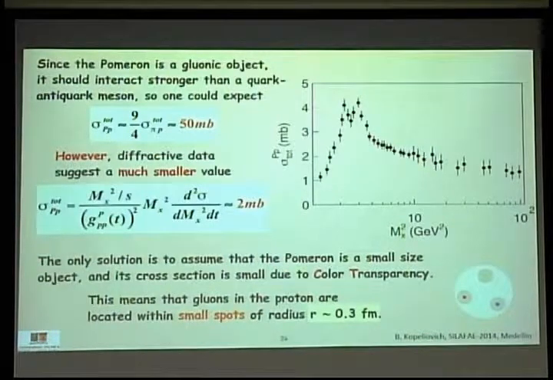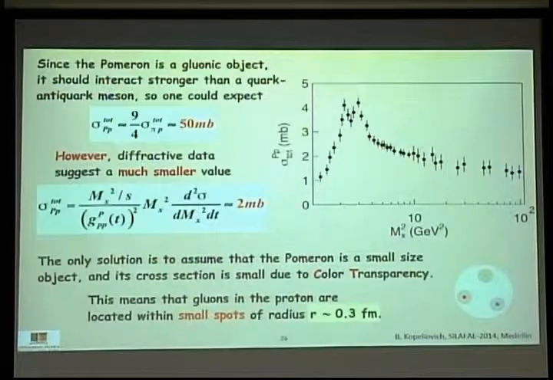If you have a glue-glue dipole, we expect it to be bigger than the QQ-bar dipole cross-section only if they have the same size. However, if I am free to assume that the glue-glue dipole is much smaller, the cross-section will be much smaller. So from this disagreement, the only outcome, I think, is to say that the typical size of the glue-glue dipole is much smaller, and probably for non-perturbative reasons, which we did not include in this expectation.